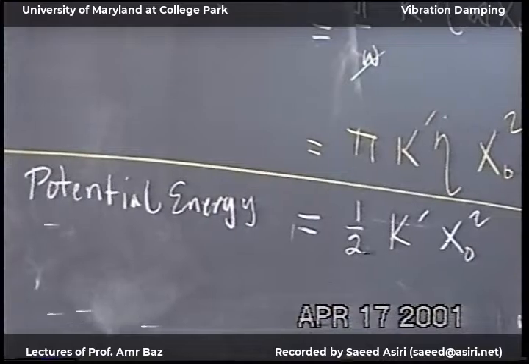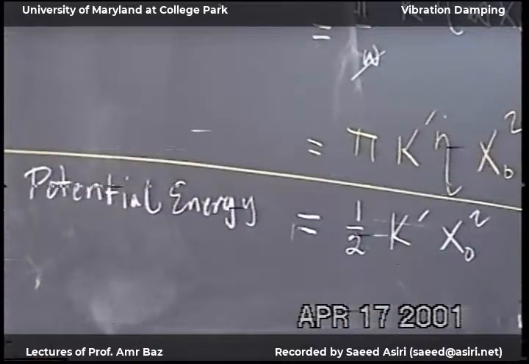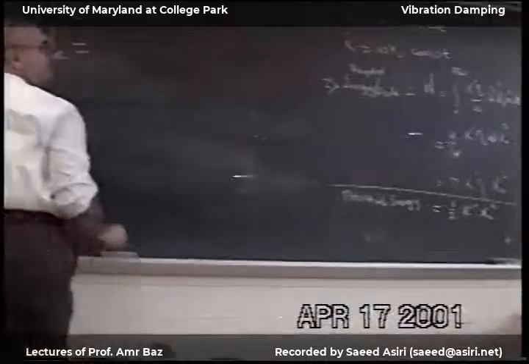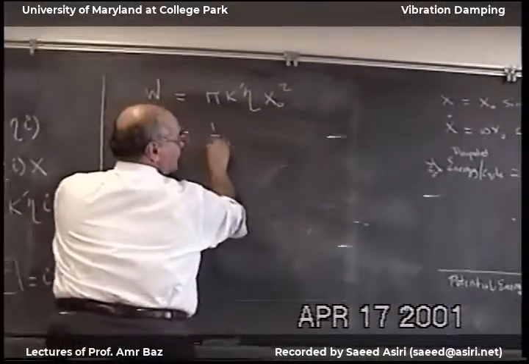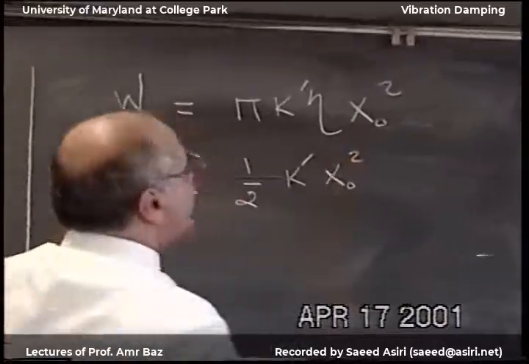So from here I have W is equal to pi, and W elastic is equal to 1/2 K x0 squared.